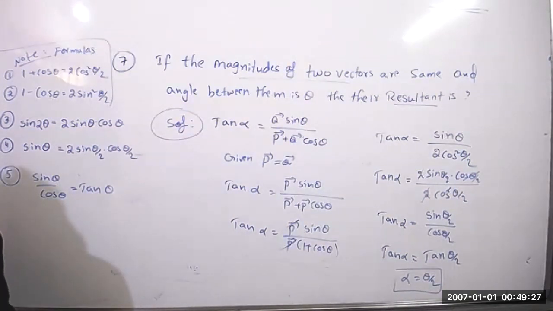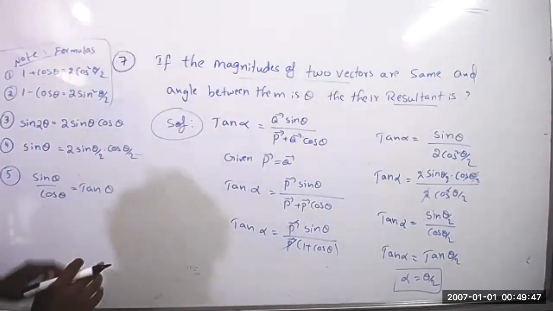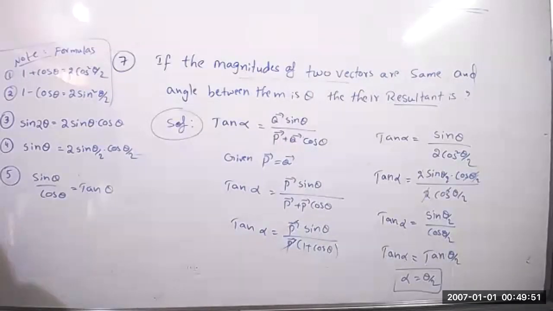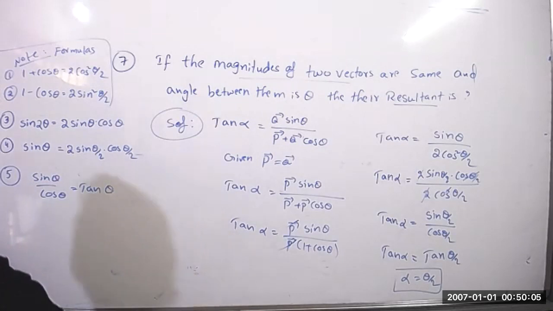Any doubt? Slowly. So this alpha equal to theta by 2 is the direction.